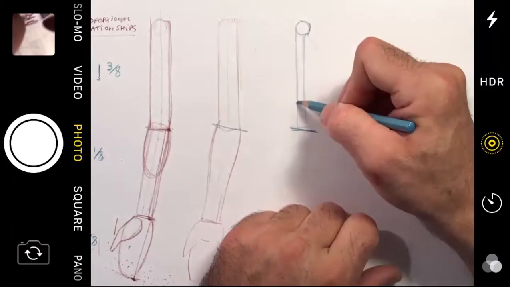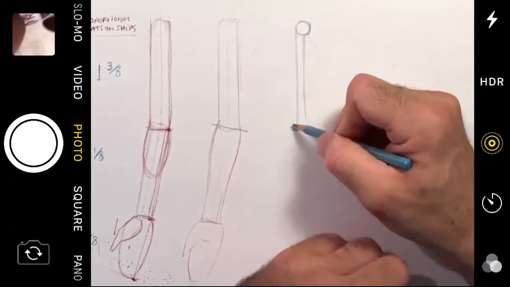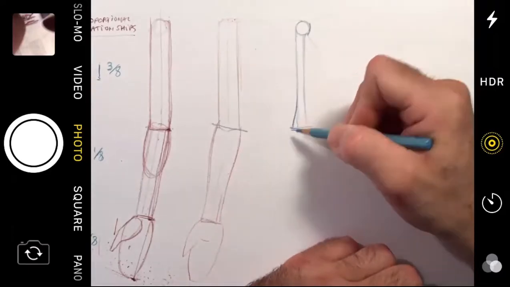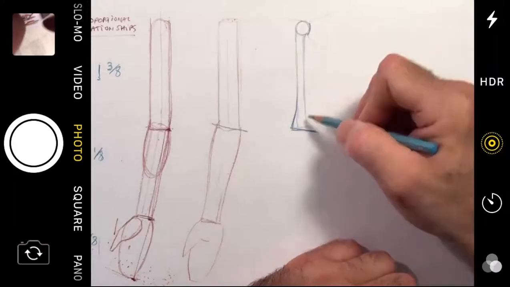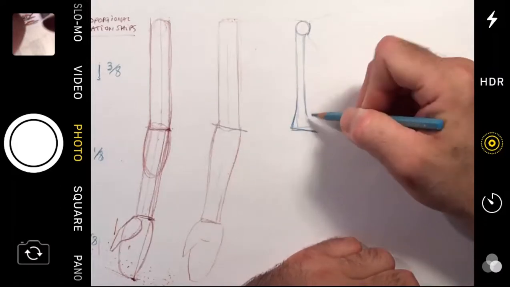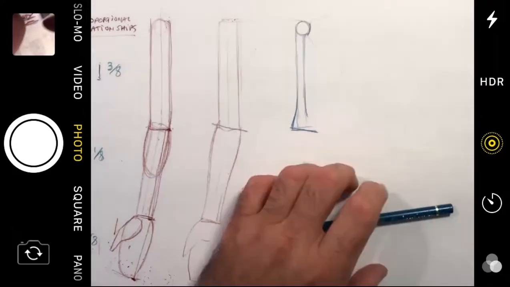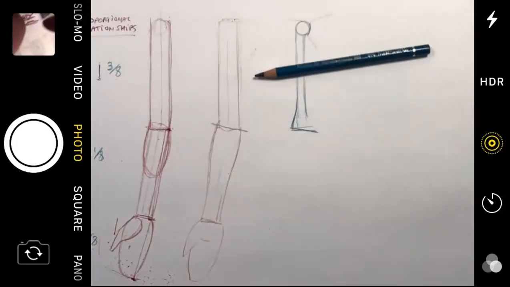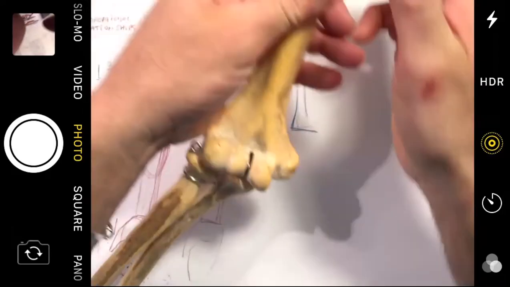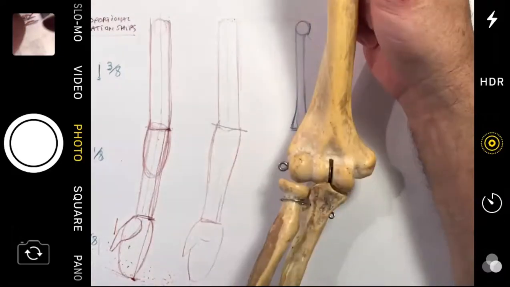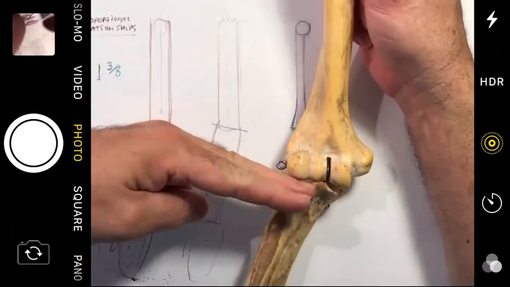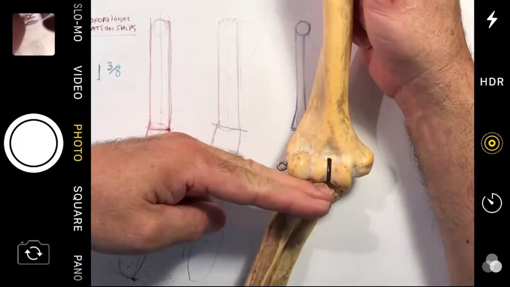And now I can block in here the condyles and epicondyles, right? Let me show you what they are. So see, this is slightly at an angle, right? See this angle here, the angle of the two condyles.